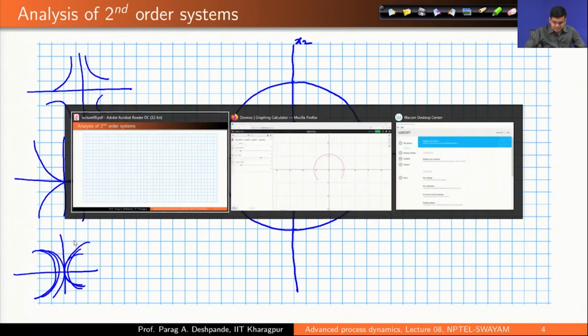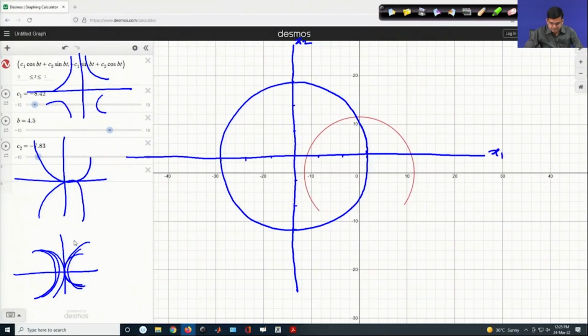If I animate this with respect to B, you will realize that now you see the direction of time. You can see the circle evolving in time. So, depending upon the parameter B in your case, you either have clockwise or anti-clockwise evolution in time.